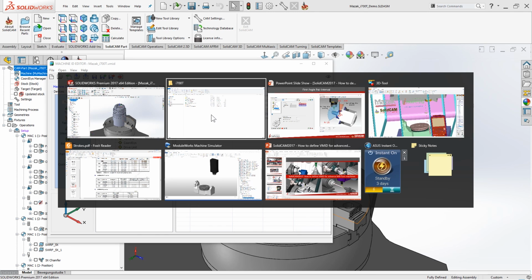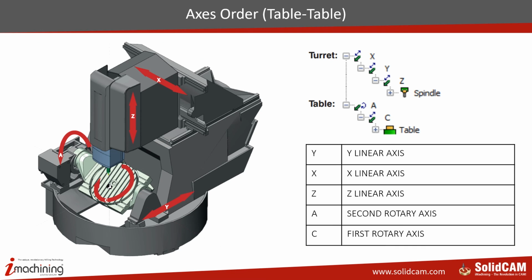So let me go back to the PowerPoint, and over here we have the different configurations of 5-axis machines. First, a table where both rotary axes are on the table. In this case, the second rotary axis is the tilting axis, or the A axis, and the first rotary axis is the C axis.